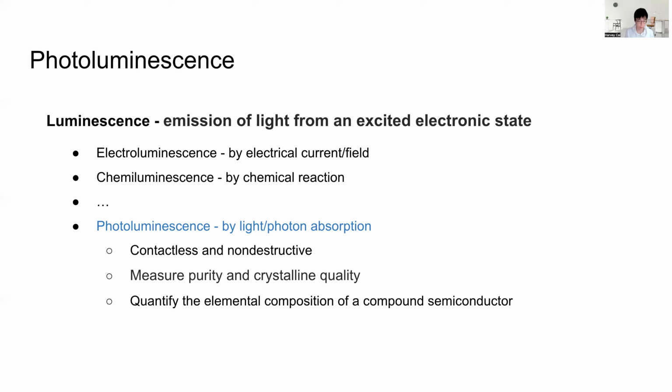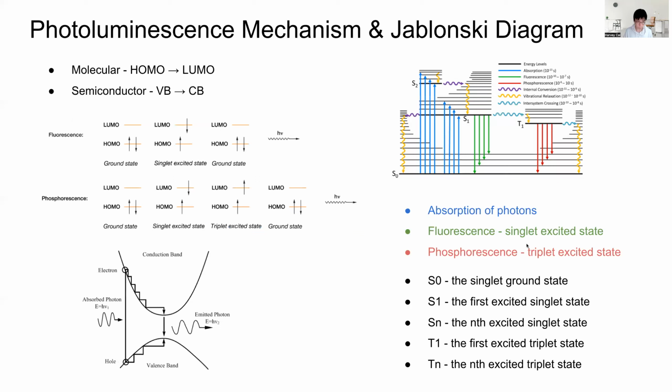Besides that, it's also a very powerful tool to gauge and measure defects in materials. So we can use it to measure the purity and the crystalline quality of materials, and also use photoluminescence to quantify the elemental composition of compound semiconductors and possibly other different things.